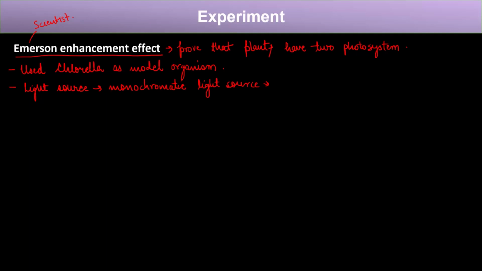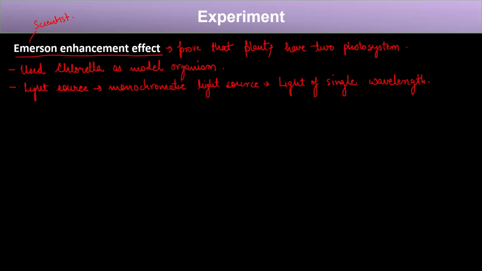Because in your house, we have a torch or an LED bulb, and they do not give a light of a specific wavelength. They comprise all the visible wavelengths of light. But the monochromatic light source has light of a single wavelength, and hence is called a monochromatic light source.